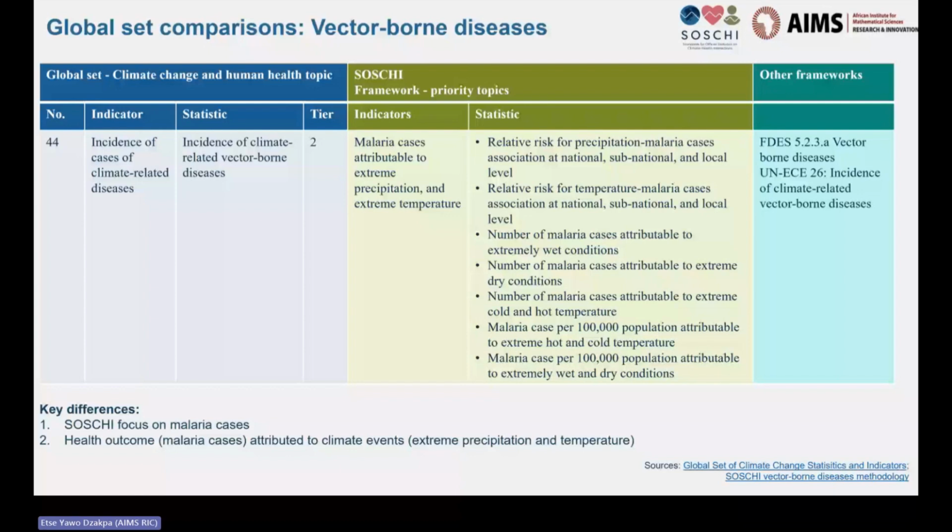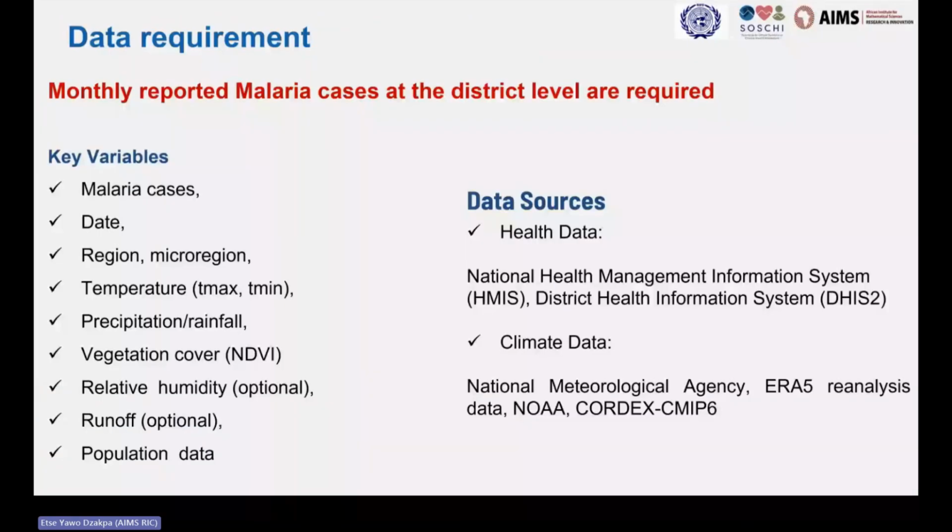So to be able to use the proposed methodology, or the proposed tool that we are developing, there are some requirements. First of all, we need count data. The count data might be monthly reported malaria cases at district level.